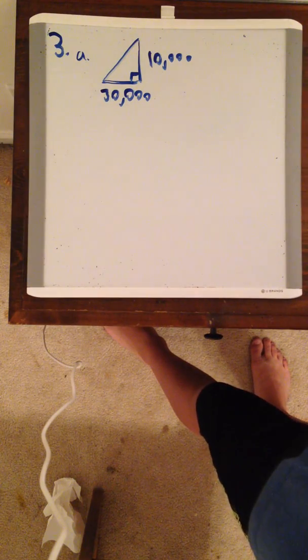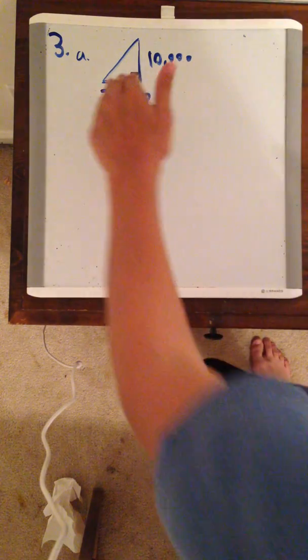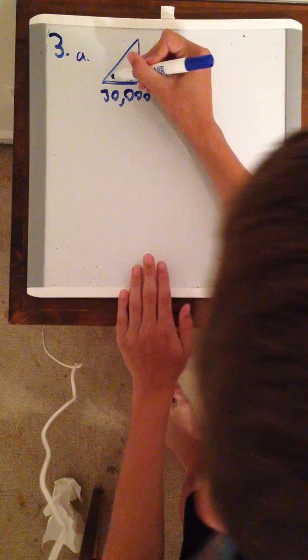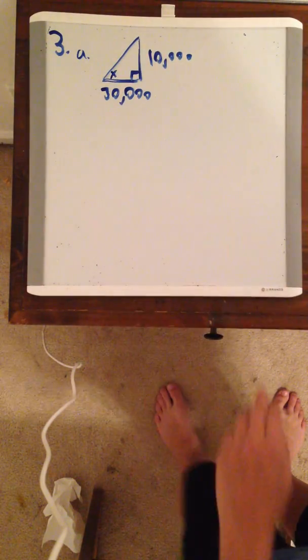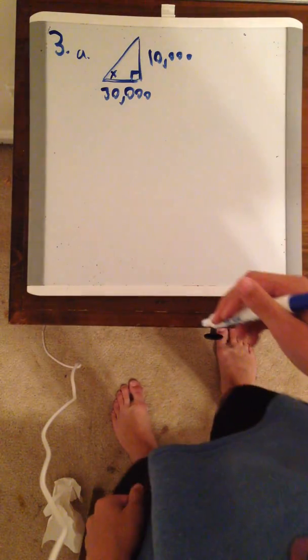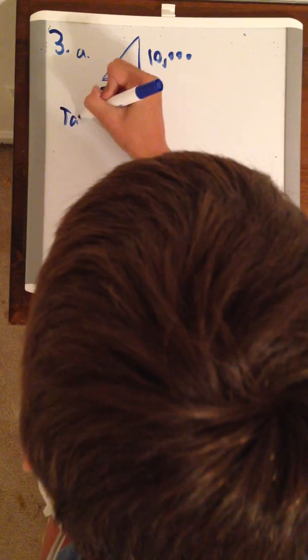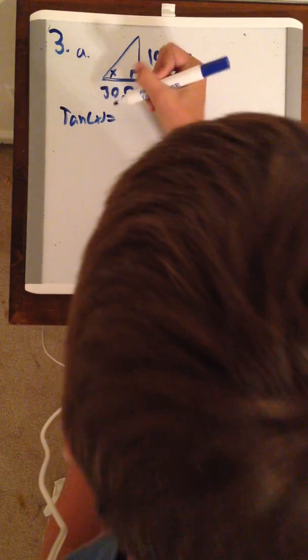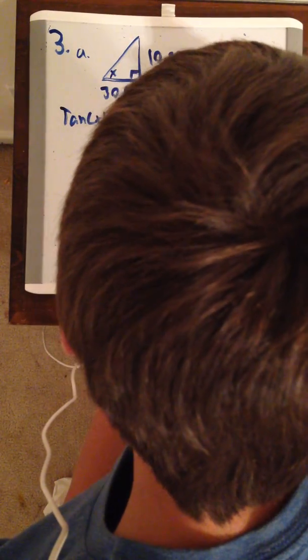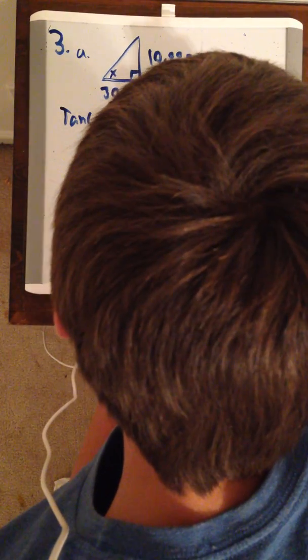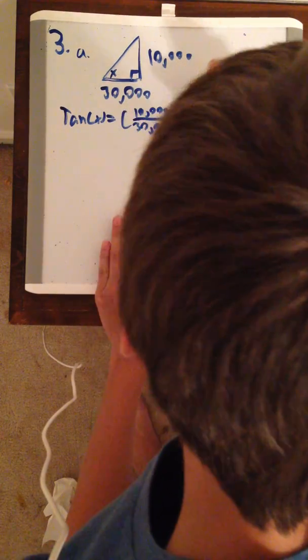So we're trying to find what angle you'd be able to see the peak from the beach, which is right here. So we put our x right there, trying to find our angle of elevation again. So we do the same thing, except this time we use tangent because we have opposite and adjacent. So tangent of x equals the opposite over adjacent, so 10,000 over 30,000. Right there.